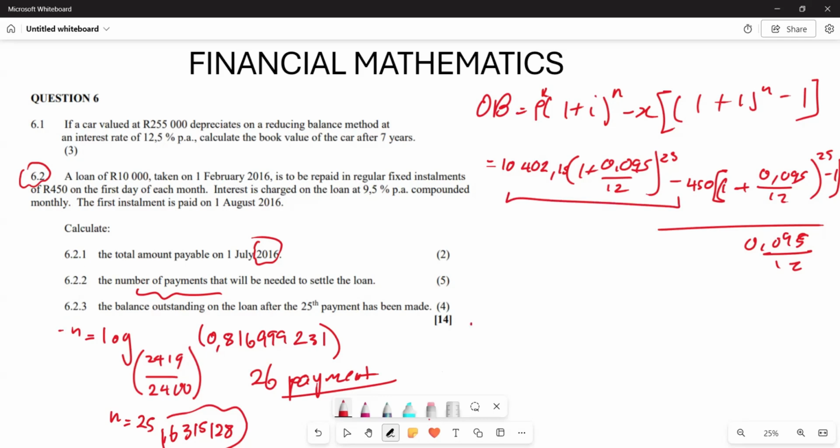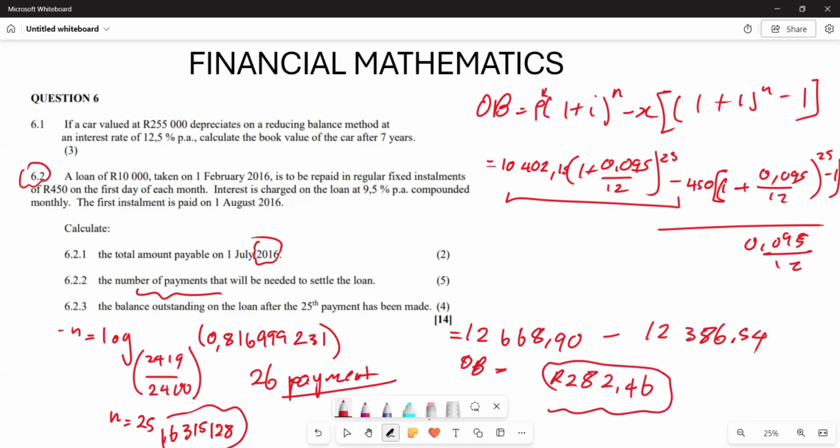You get 12,668.9 subtract 12,386.54. So the outstanding balance that you're going to have here is 282.46. So in the last installment, instead of paying your 450, the payment that is going to be made is only 282.46 cents.